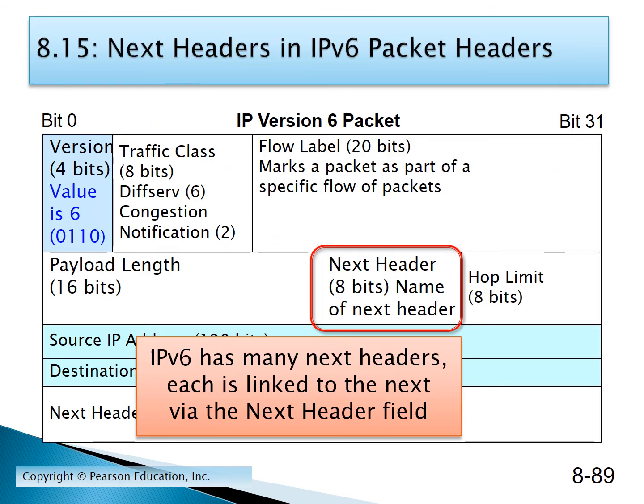And then there is also a next header field in the IPv6 header. IPv6 actually has many next headers, each linked to the next via the next header field. So in addition to the standard header, you can have many different headers that you can use. You tell what the next header is about, and then you can have multiple different types of headers within IPv6.